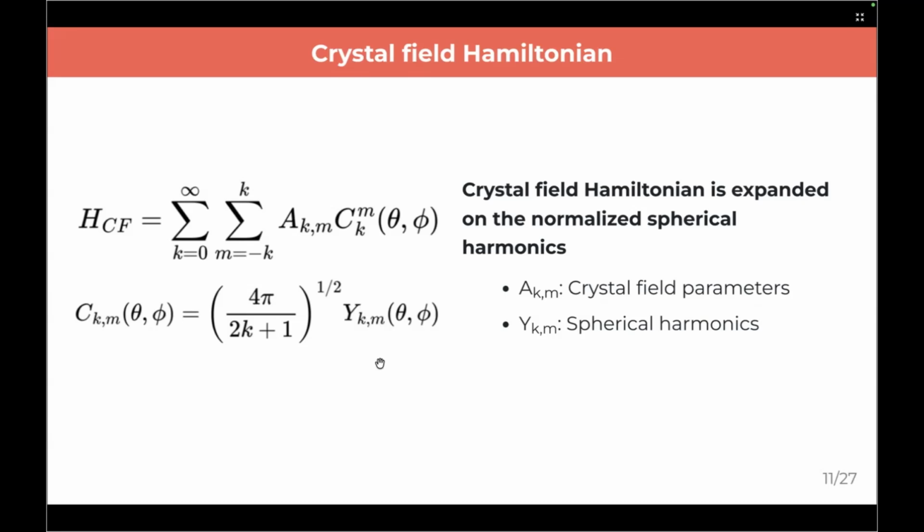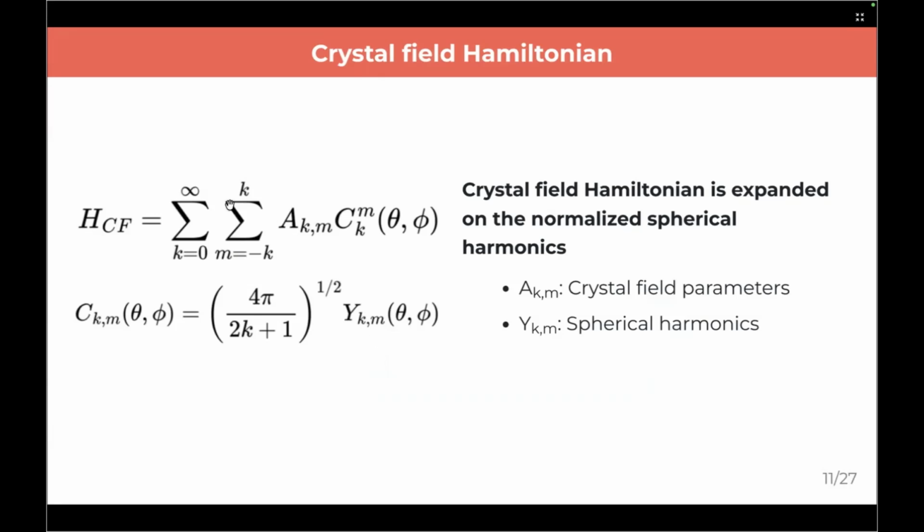And if you think about the p orbital of an electron, when K is equal to 2 and M equal to 0, the shape of such spherical harmonics is the double-lobed shape of the p orbitals.